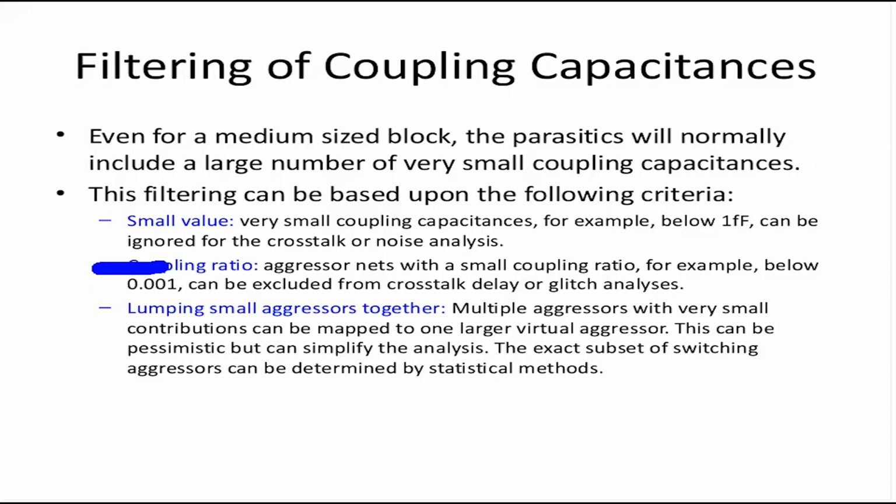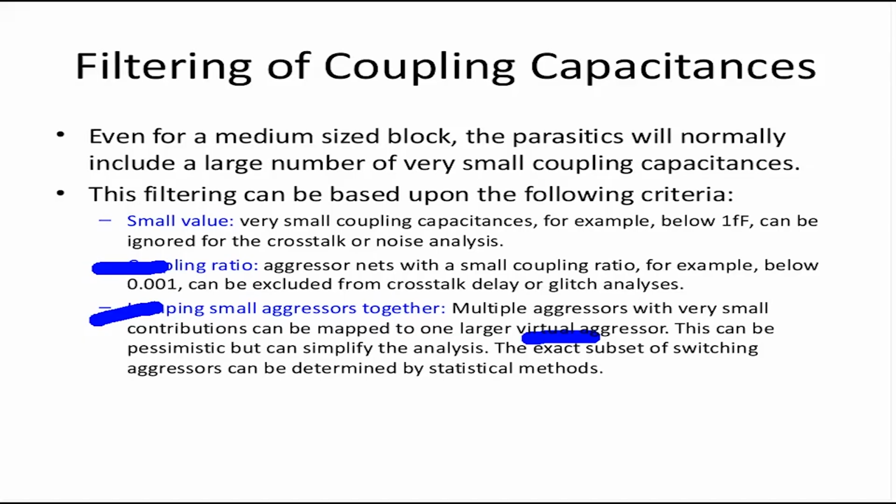Aggressor nets with a small coupling ratio can be filtered out and ignored from analysis. Third is lumping small aggressors together: multiple aggressors with small contributions can be mapped to one large virtual aggressor.